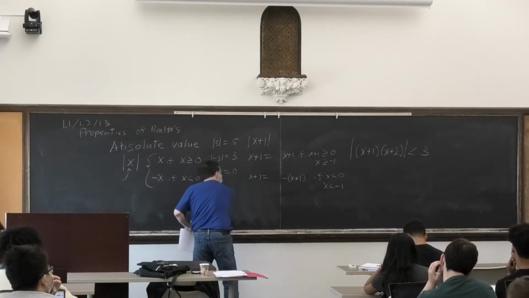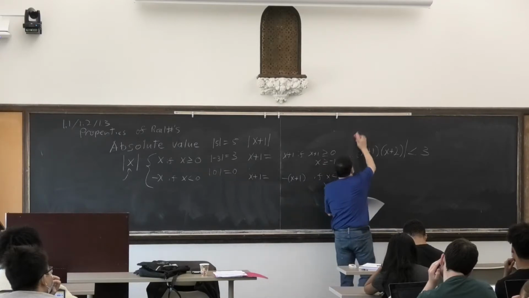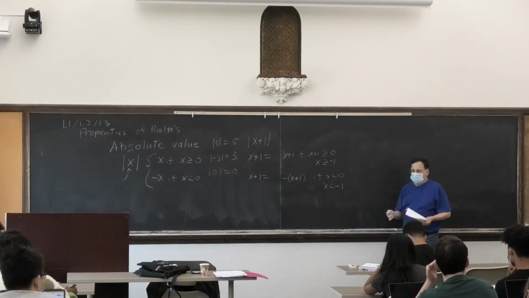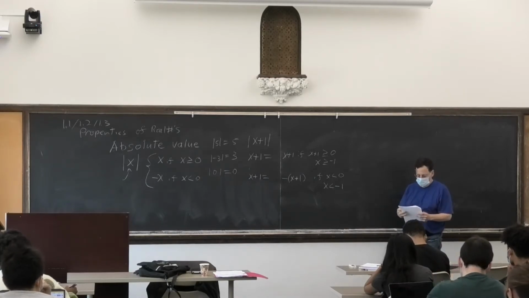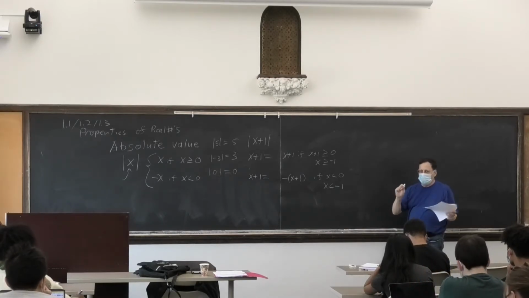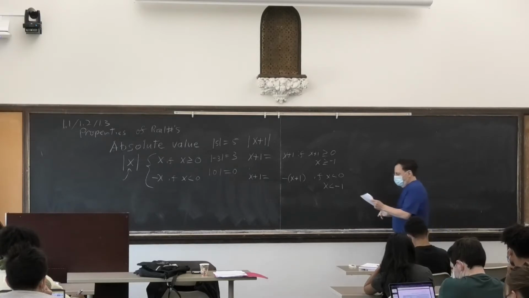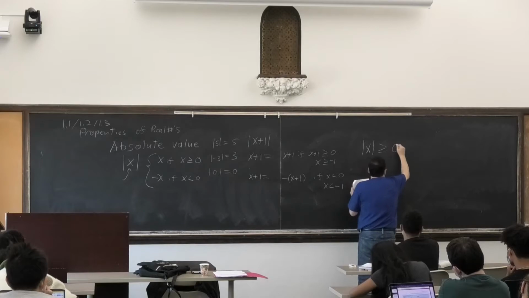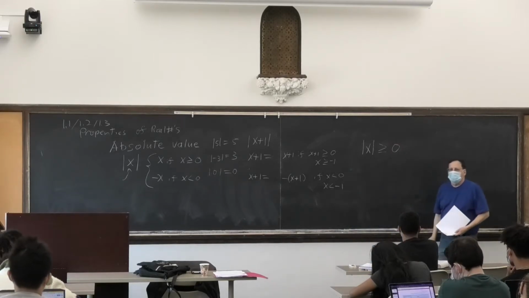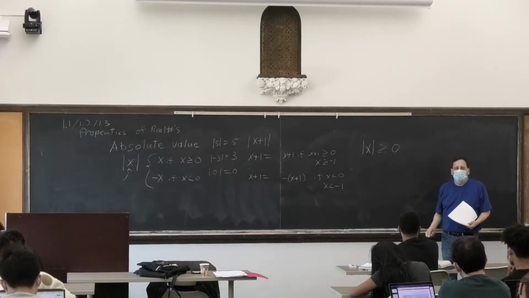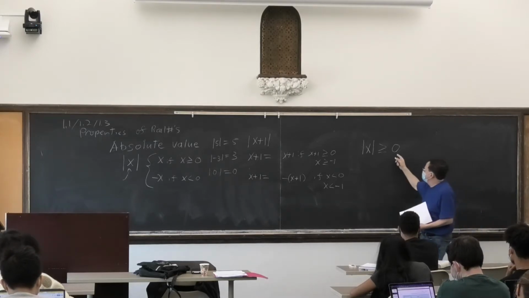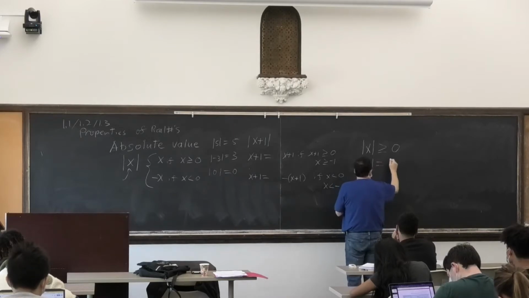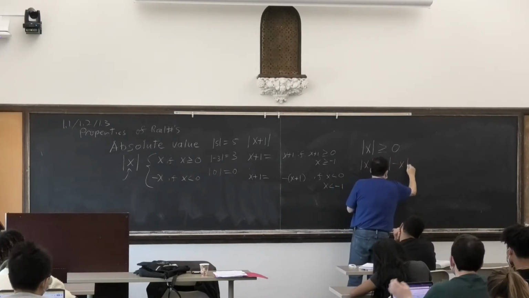All right, so there are some basic properties of the absolute value, which should be obvious. Think these through. If they're not obvious, raise your hands. Absolute value of x is always greater than or equal to 0. Obvious. You can't have a negative. Absolute value of x is equal to absolute value of minus x.